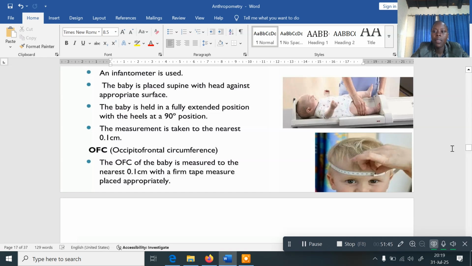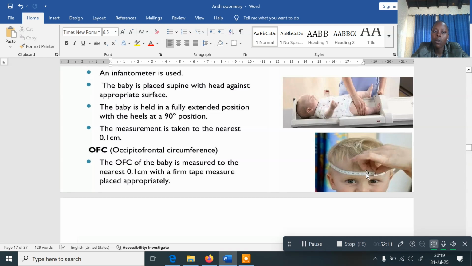Then the other measurement we have is the head circumference, and the head circumference we take is the occipitofrontal circumference. I believe you know where the occiput is found. The occiput is the behind part of the head, and then the frontal part is this part in front.